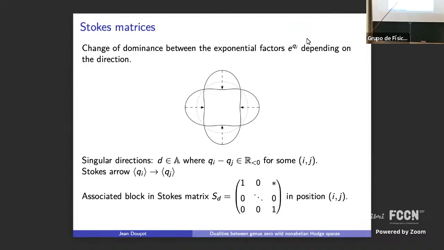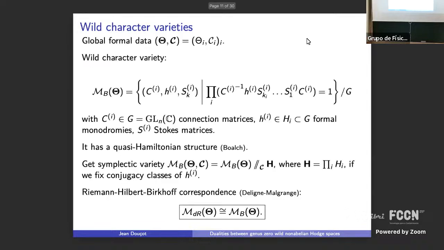So for each pair ij and each direction which is a singular direction for the pair ij, you will have a Stokes matrix in the singular direction d, and you will have a non-trivial entry in the Stokes matrix corresponding to the pair ij. Besides that, you have diagonal coefficients equal to 1 and all other coefficients equal to 0. So I get Stokes matrices like that. It turns out that every connection can define, in a more or less canonical way, such Stokes matrices. And the upshot of this is that you can get a similar construction of wild character variety, an analog of the usual character variety.